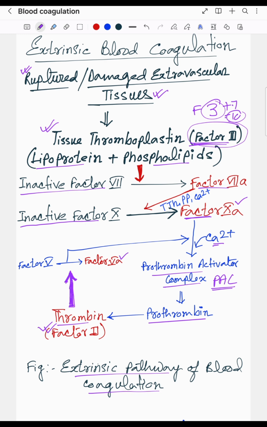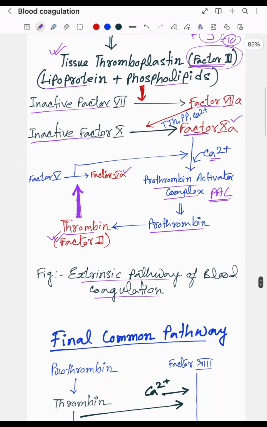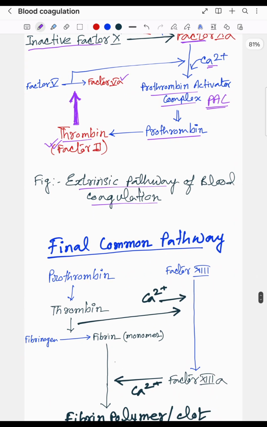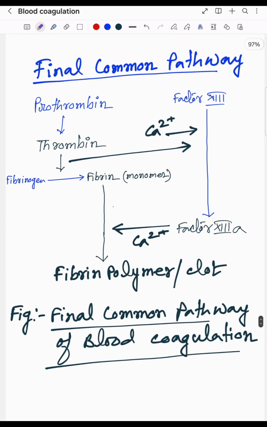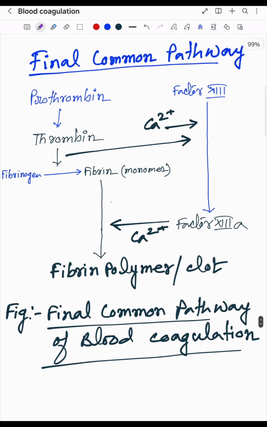But this is not the end, because we have to produce fibrin. Till then we have produced or activated factor 2, that is thrombin, but there is a final common pathway which leads to blood clot. See, this is prothrombin.